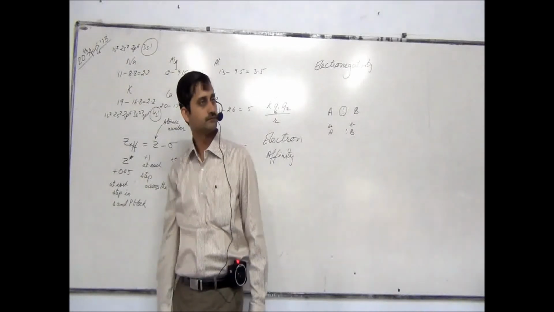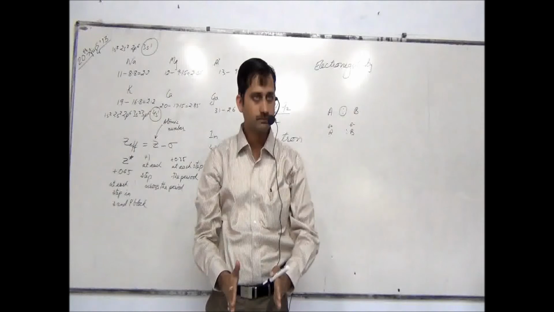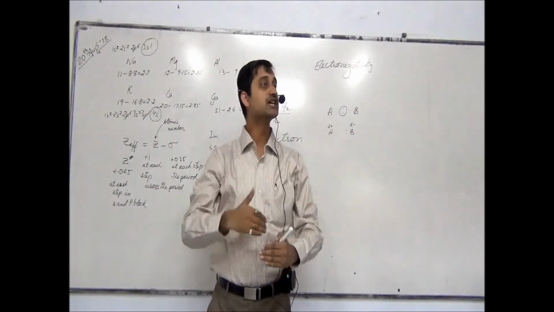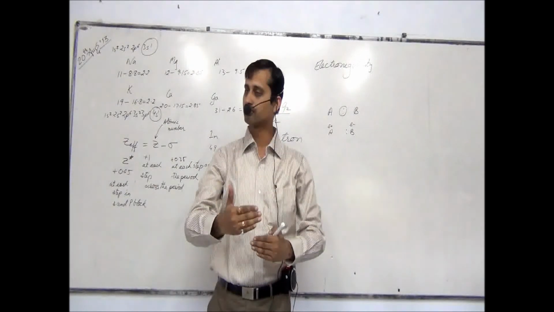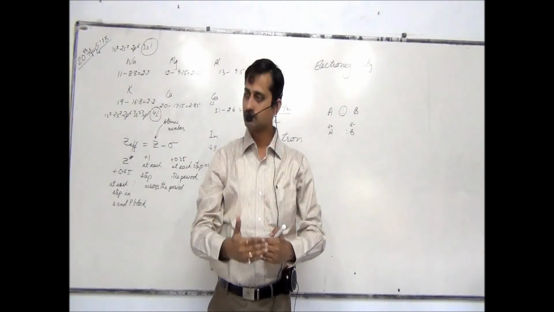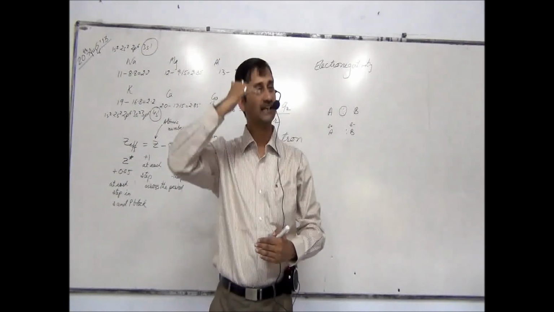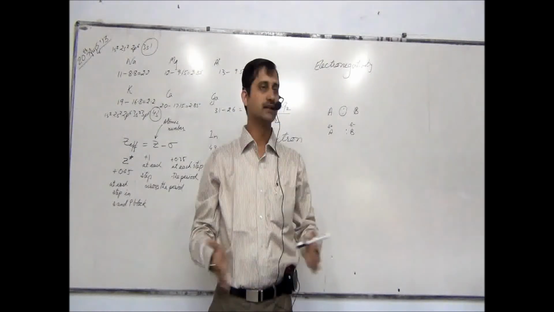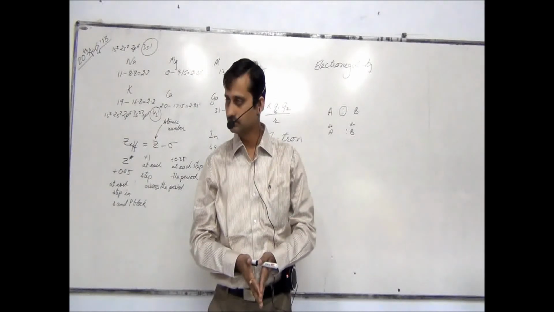Is that okay? As we move down the group, the number of shells increases, which increases the distance of the electron from the nucleus, and therefore the effective nuclear charge decreases, although Slater's rule predicts that it is going to remain the same. Is that clear?